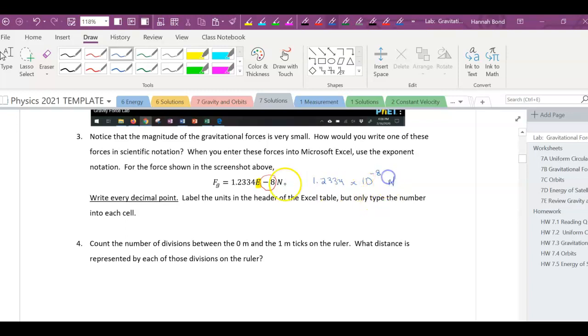Okay, those are equivalent, but we want to write it in exponent notation because that is what Microsoft Excel will recognize when we put our data in Excel.